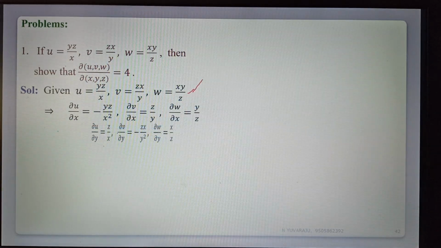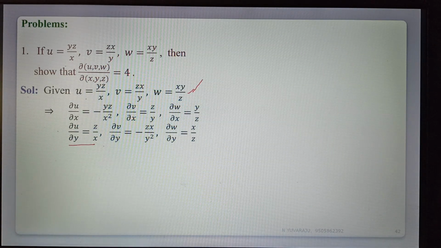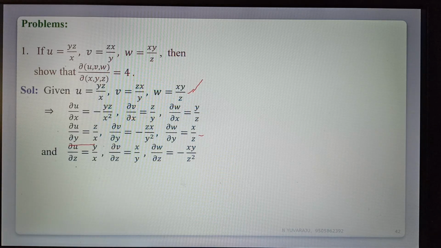Next, ∂u/∂y is z by x; ∂v/∂y is minus zx by y square; ∂w/∂y is x by z. Next with respect to z: ∂u/∂z is y by x; ∂v/∂z is x by y; ∂w/∂z is minus xy by z square. This is all the differentiation of u, v, w with respect to x, y, z.